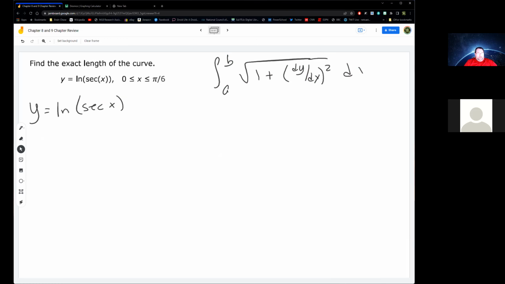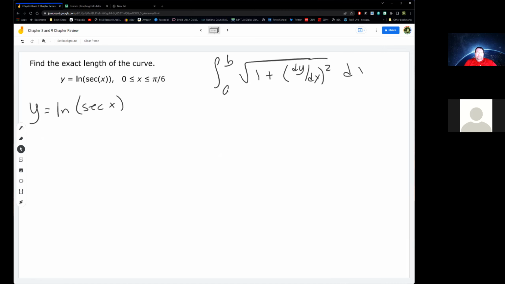Anybody want to tell me what rule I need to use? Liate? No. If we were doing the integral, then yes, I probably would have to use integration by parts. But I'm doing the derivative.